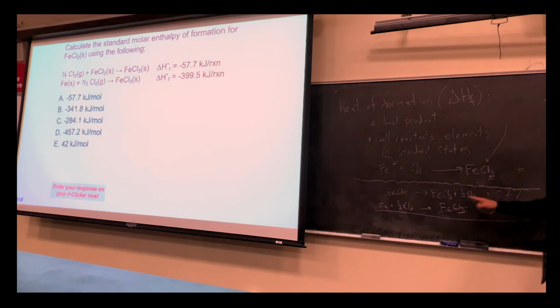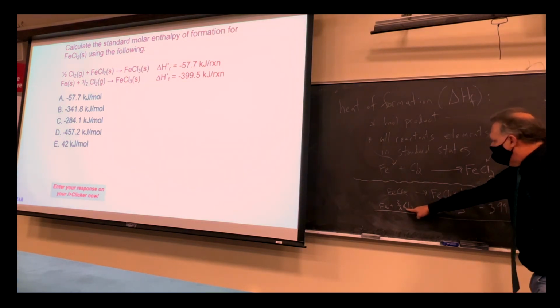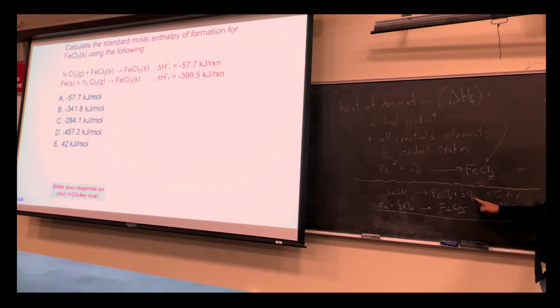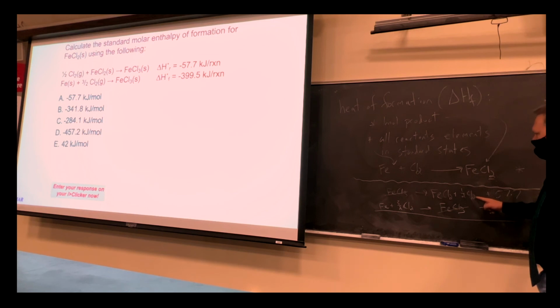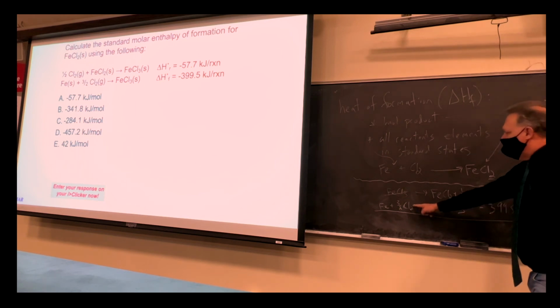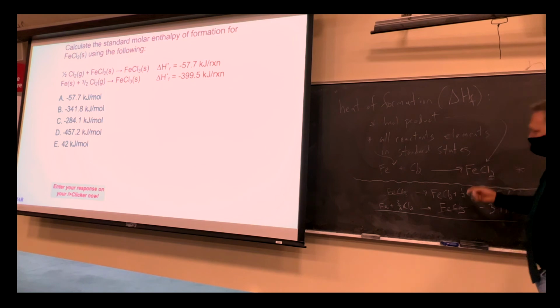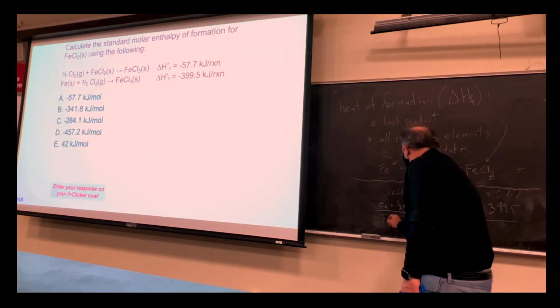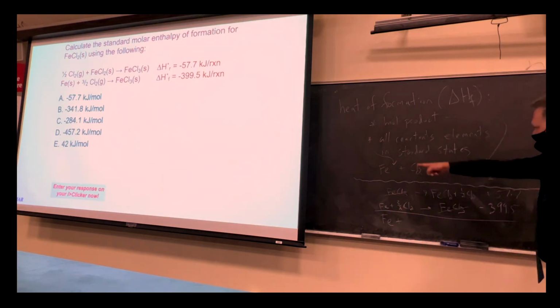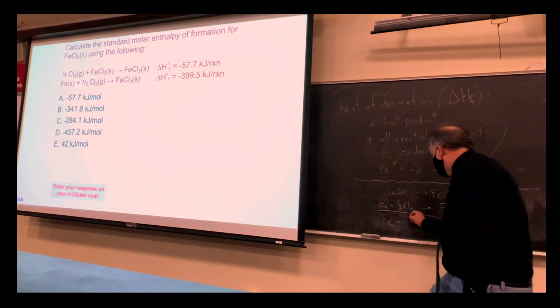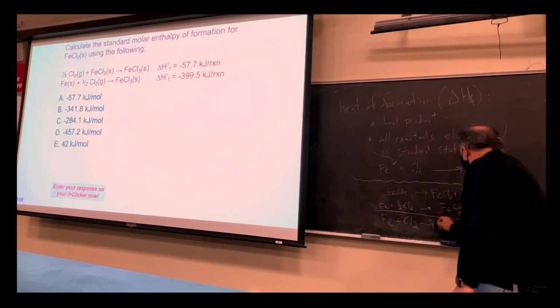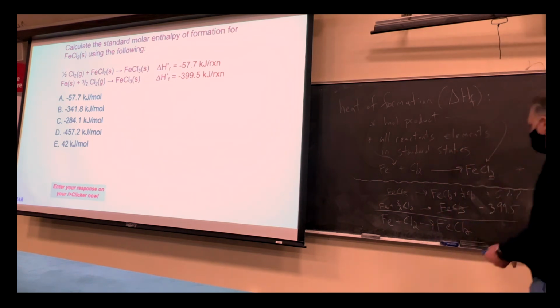We also have 3/2 Cl2 and 1/2 Cl2. So this is like 1.5 and 0.5. So we can combine these two. If you subtract half a chlorine from both sides, then 1.5 minus 0.5 is just 1. So we're left with iron, which is good. That's by itself, and we want iron. 3/2 minus 1/2 is 2/2 or 1 Cl2, and that makes FeCl2.